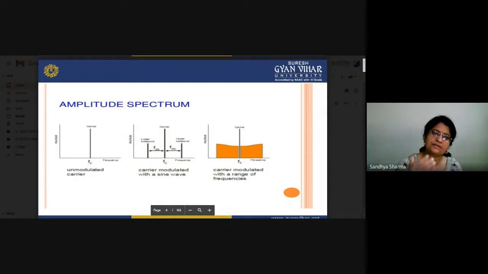First of all, there is the unmodulated carrier signal, and in the spectrum form there is a sharp peak of the carrier frequency fc at that particular instant. You can see here the unmodulated carrier signal.